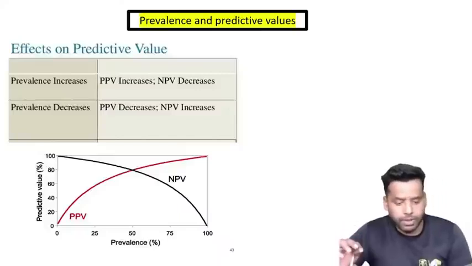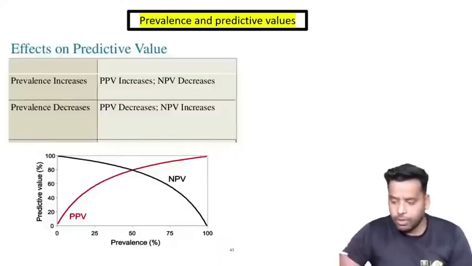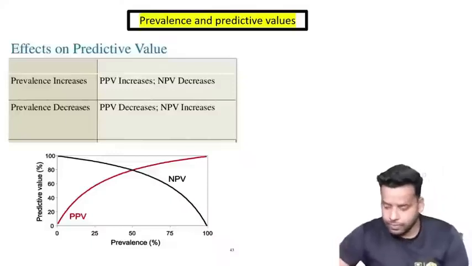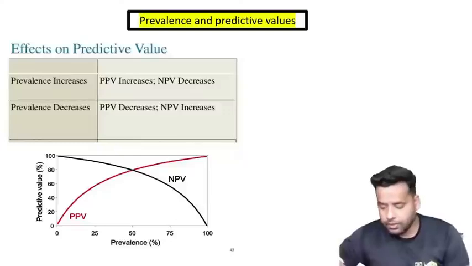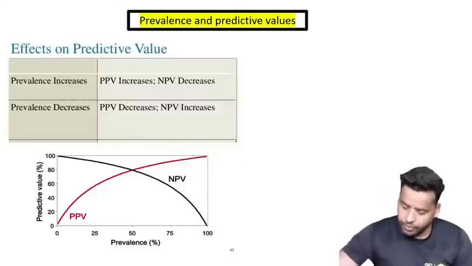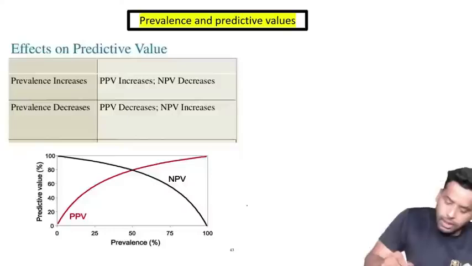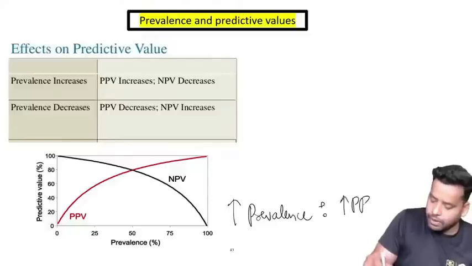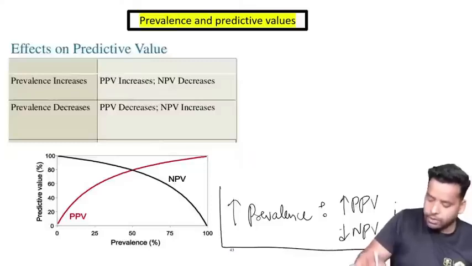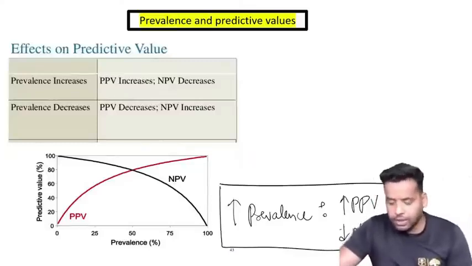If you are tested positive, if you are from a high risk population, will the chance of having disease be more or less? More. It means if prevalence is increased, PPV will increase, NPV will decrease. So the chance of inclusion is more, the chance of exclusion is less.